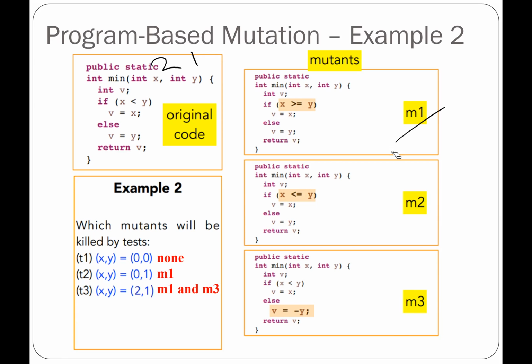Because of the mutation that I ended up with, despite being unlikely, I ended up creating a mutant M2 that is what we call functionally equivalent to the original code.